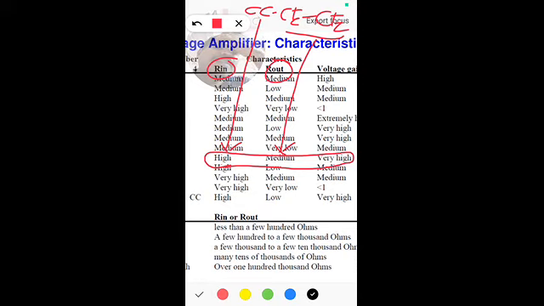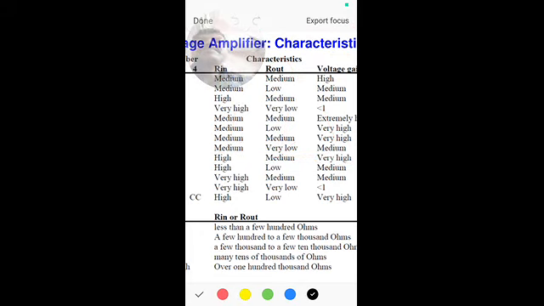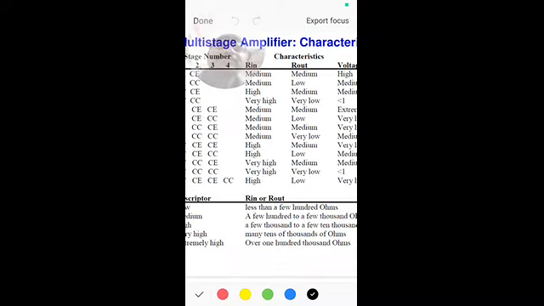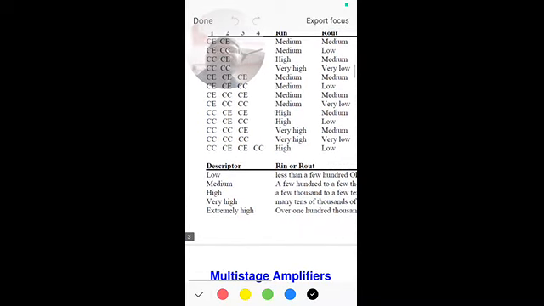Coming to the voltage gain AV, the second and third stages are going to provide a high voltage gain each, so we are going to get a very high voltage gain because of these two CE configurations used in the second and third stages of the multi-stage amplifier.